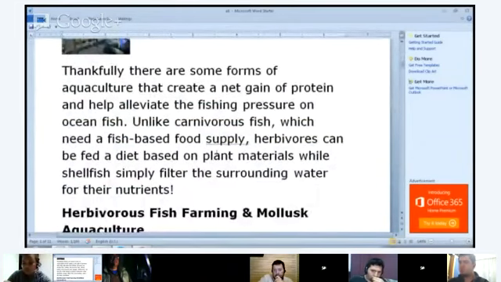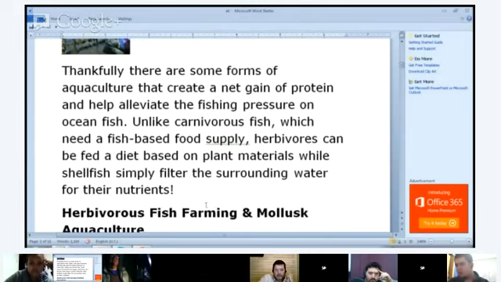And could you please read this? Thankfully, there are some forms of aquaculture that create a net gain of protein and help alleviate fishing pressure on ocean fish.